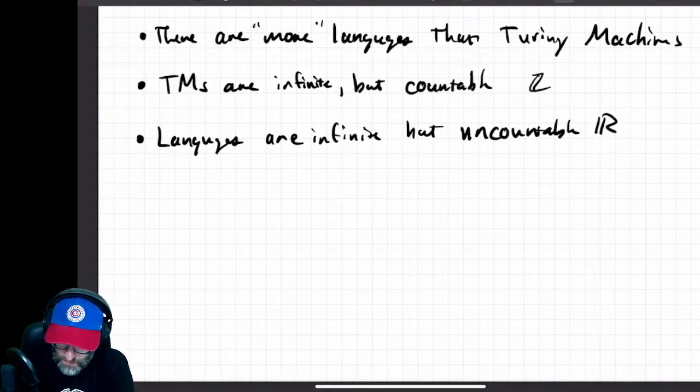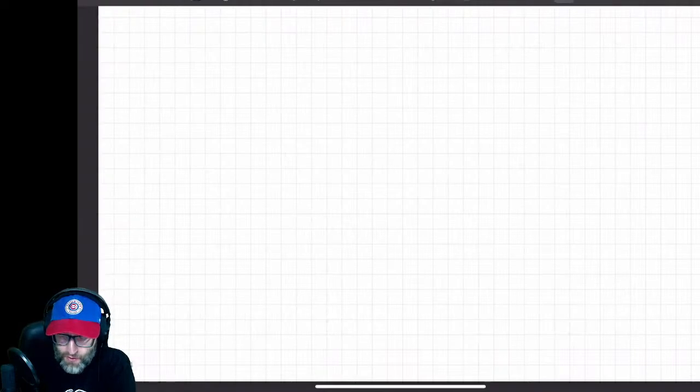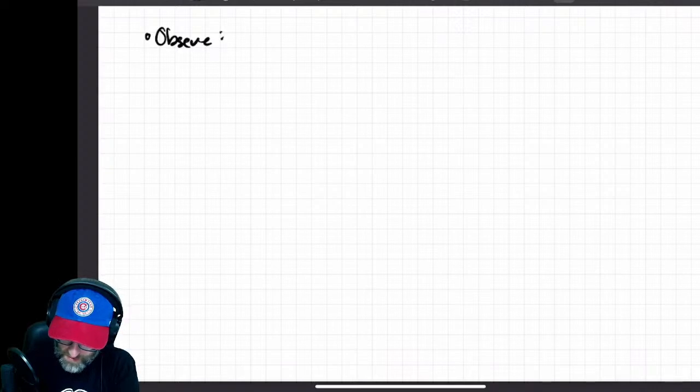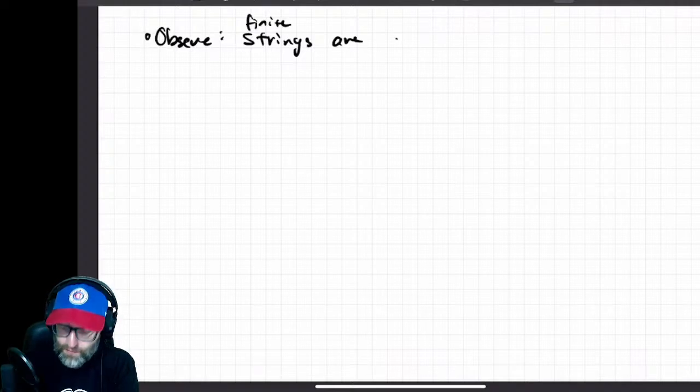And I'm going to show this by a proof by contradiction, which is basically the same proof that Cantor used to show that there are a different number of infinities. It's a diagonalization proof. All right, so my first observation is that finite strings are countable. We already took care of this, right?